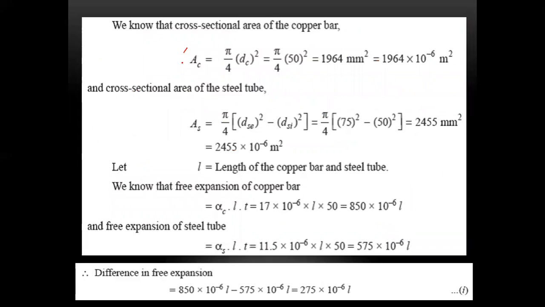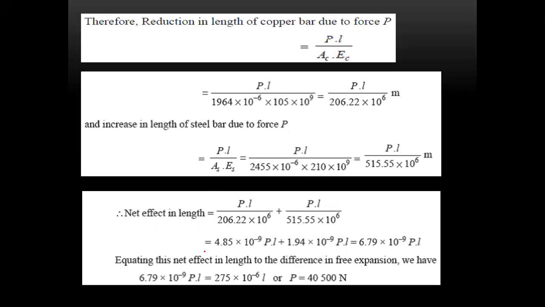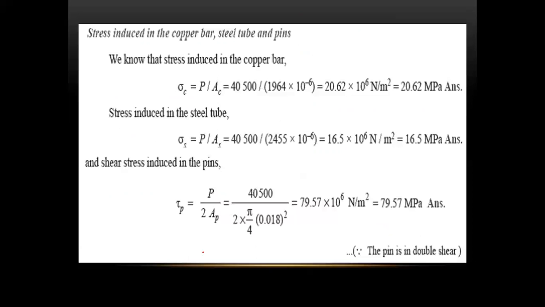Same, you have to find the area, and find the expansion of the steel and the copper, right? And also find the increase in the steel bar due to the force and the increase in the steel bar due to the copper. Stress induced in the copper bar and the steel tube of the pin: delta C is equal to P by A, delta S is equal to P by A. Therefore, the induced stress in the pin is equal to P by 2A.